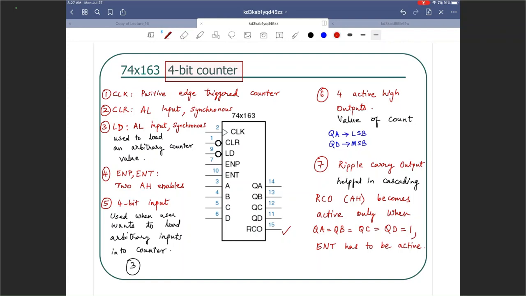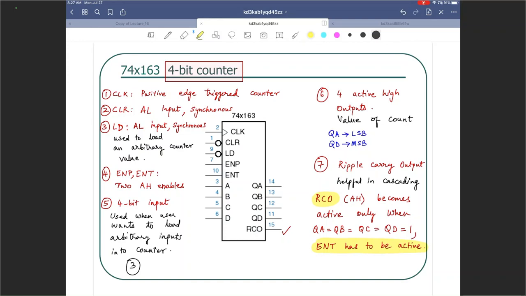Next question is, if I only need to use one counter, do I only need to turn on one of the enables? No, both enables. This statement is only with respect to the output RCO, right? So if you want to observe the maximum count value, then you have to make sure that when that happens, ENT is also active.